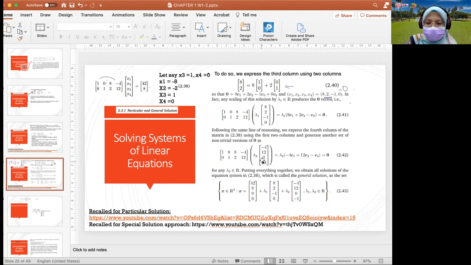We have the next second solution with the scalar 2, and hence when we put all these three solutions together, we will get what we call a general solution or a complete solution. So this complete or general solution is basically a combination of a particular or special solution.